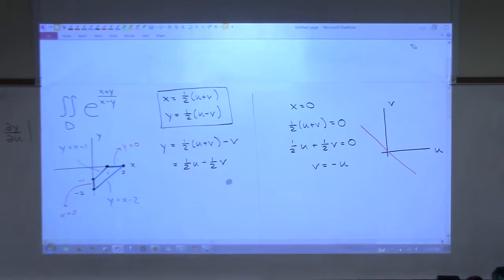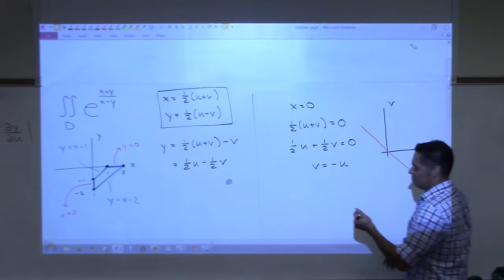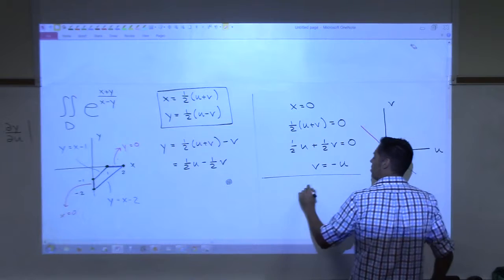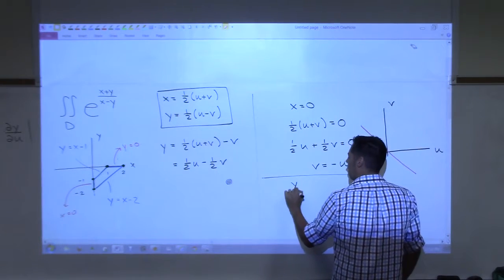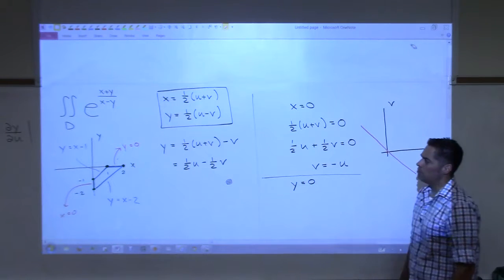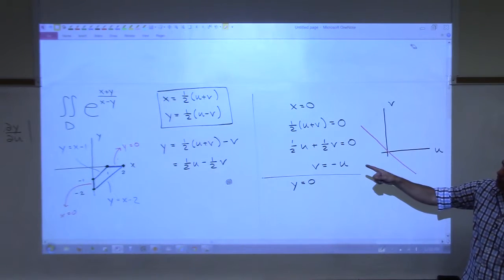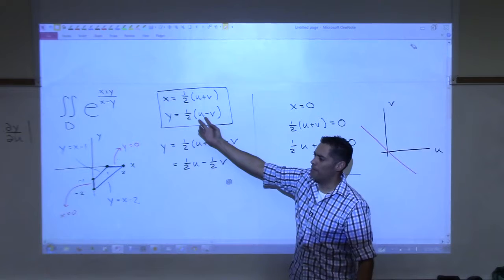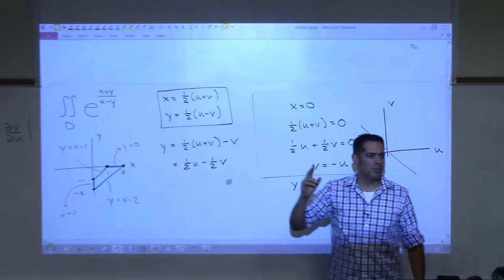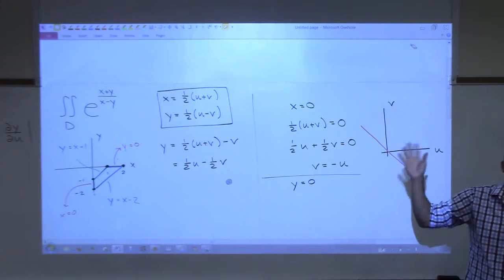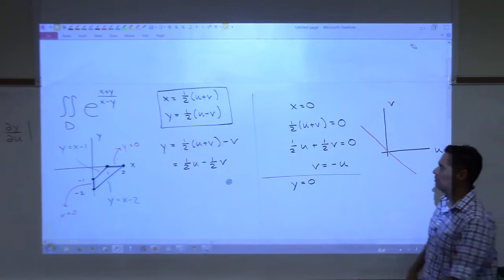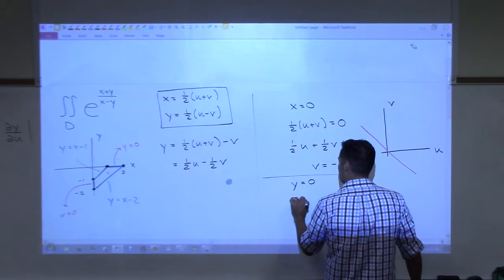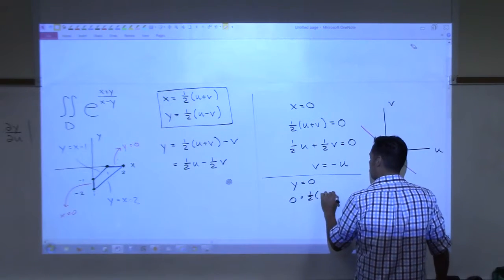I'm not sure, is this a better region or not? Did we choose the right thing here? Let's see. What's the next one I should do over there? How about y is 0? If y is 0, then you're going to get, this is 0, right? And if that's 0, u must be equal to v. I better write it down. This is saying 0 is 1/2 u minus v.